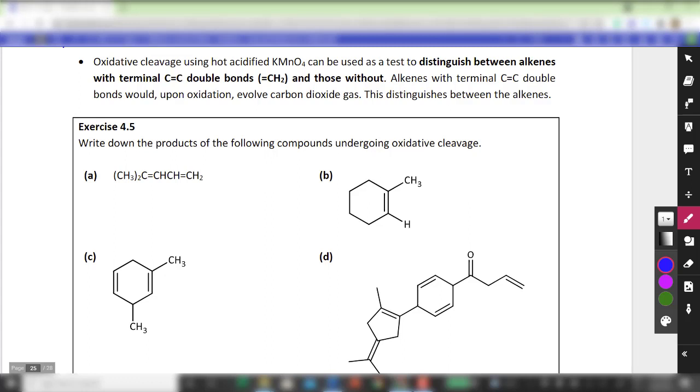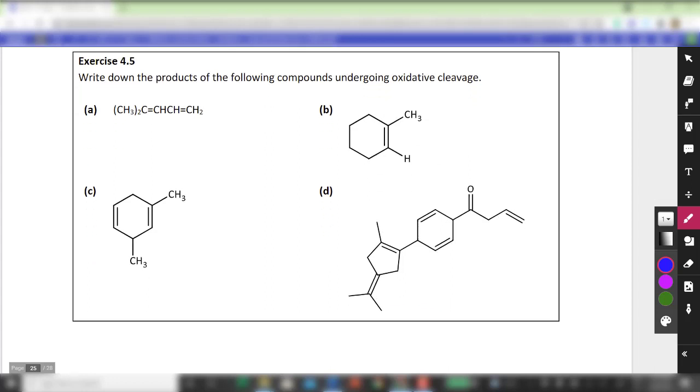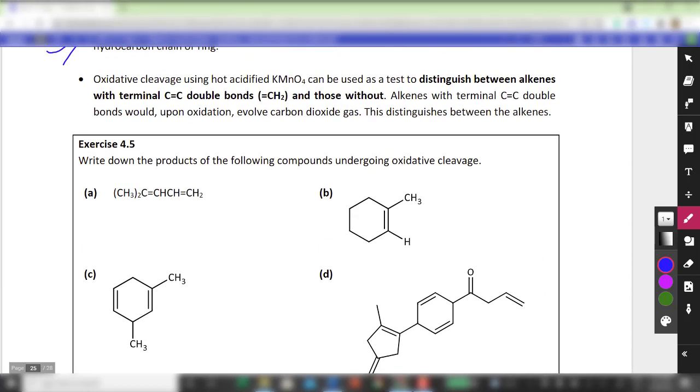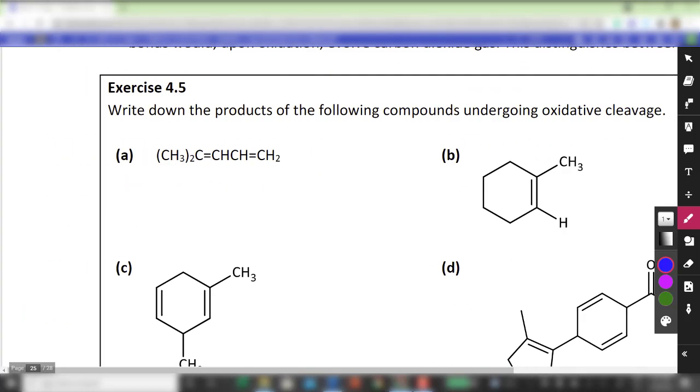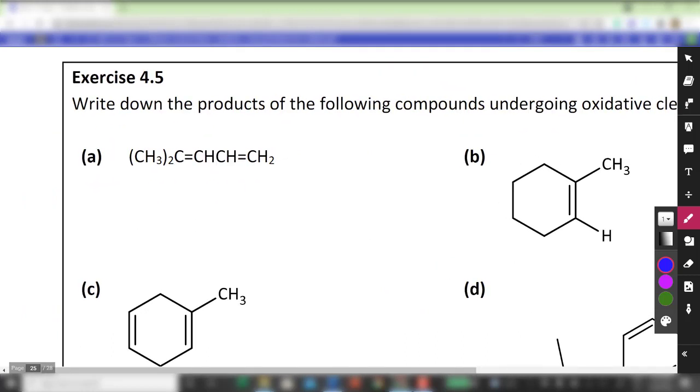So we are going to have exercise 4.5 here, and we are going to try to draw out the product. There's some space here, so I'm just going to use all the space to illustrate, and I might need to erase as and when necessary. This particular alkene looks like this.